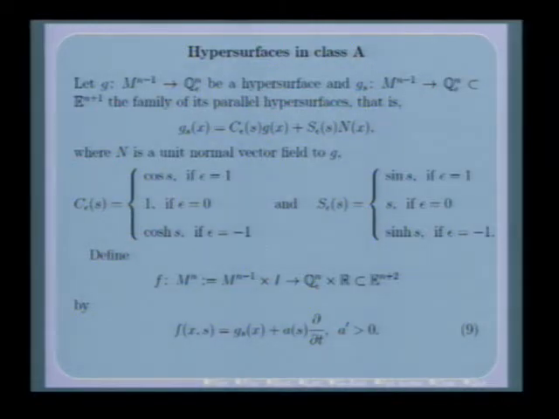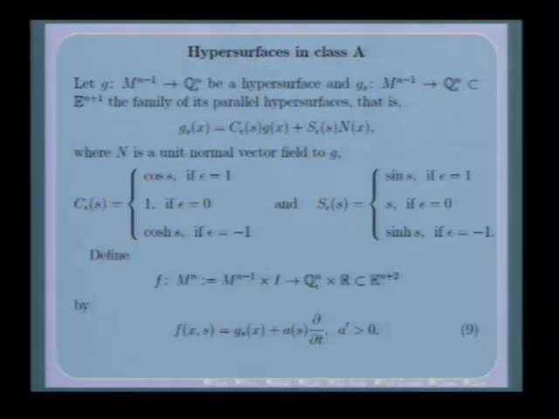You start with any hypersurface in the base space, and then take the family of its parallel hypersurfaces, which can be parameterized explicitly in this way. So here, C and S are those standard functions. So G_S is just the hypersurface you obtain by walking a distance S through each point of G along the geodesic normal to it.